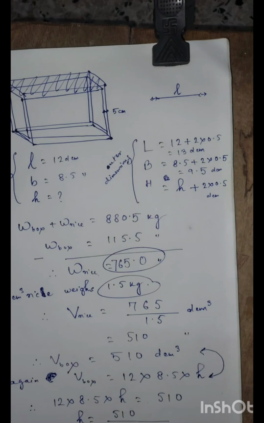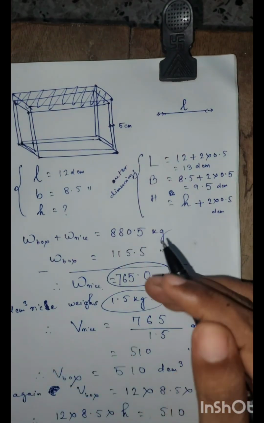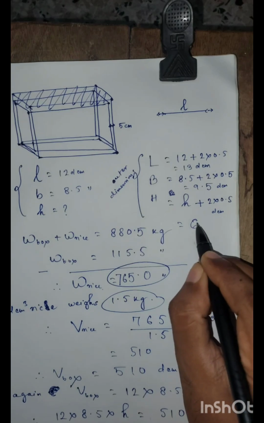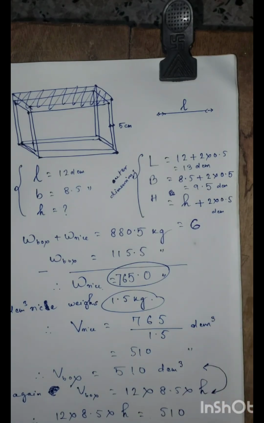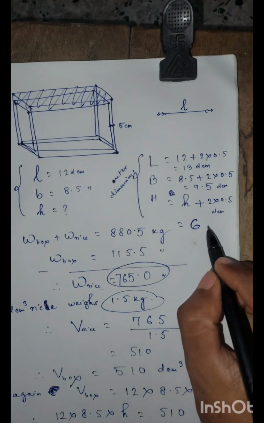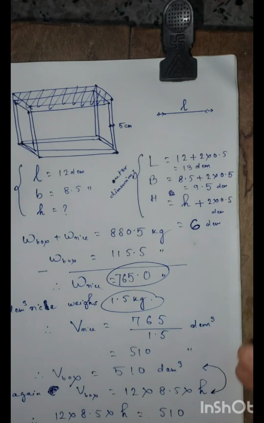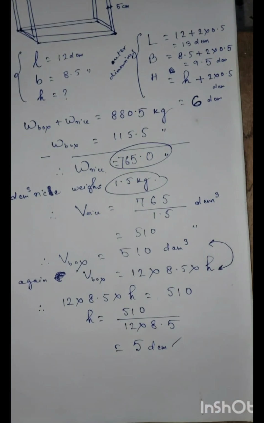So we can say that the outer height should be 5 plus 1, that means 6 dcm. Now we have outer dimensions, and the first part of the question is solved.